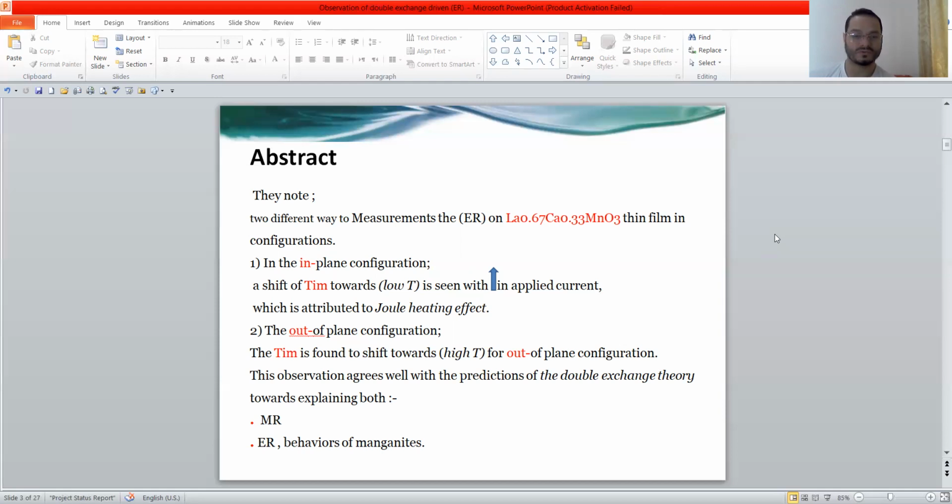But in other words, when we're dealing with in-plane, we will be dealing with low temperature, and at the same time, with the Joule heating effect. It's an important difference between these two ways to calculate the electric resistance, and we will take brief and important information on all of these in the next slides by using images and something like that.